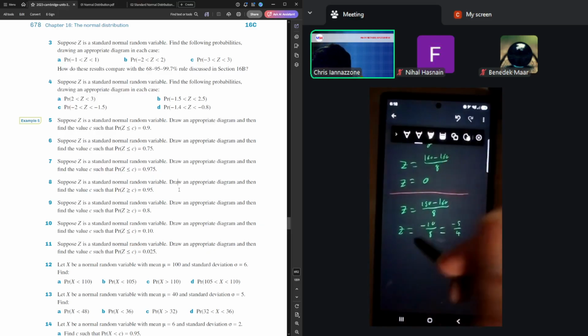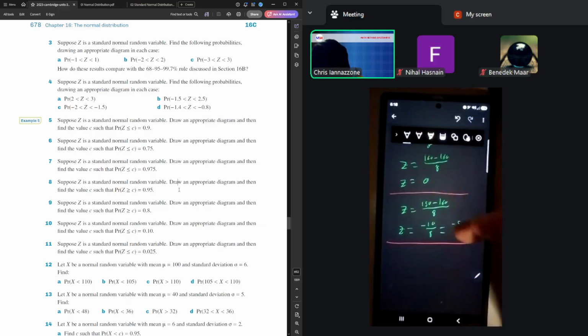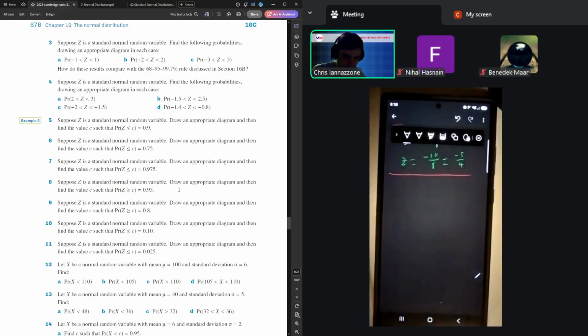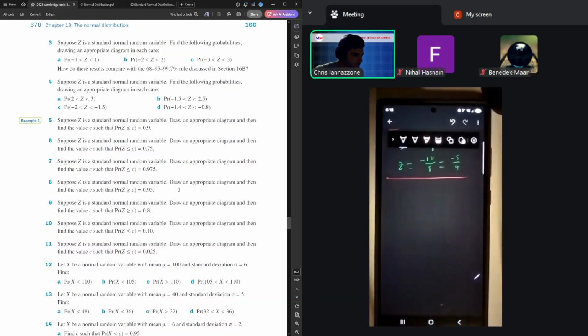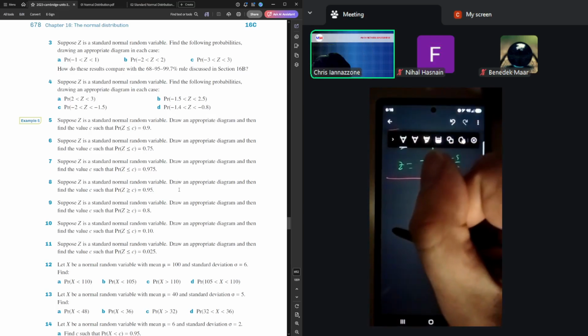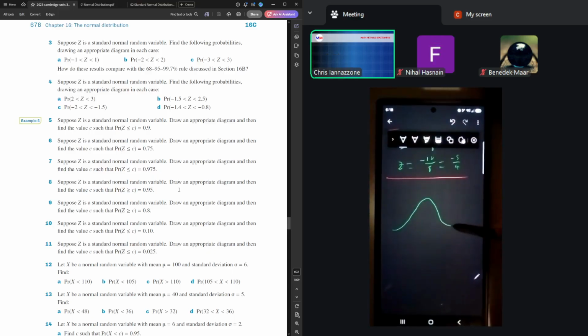So, still a good idea to draw a diagram anyway, just so we can be sure that our understanding is indeed matching the actual question itself. So, for Z less than or equal to C equals 0.9, if we draw out our standard normal distribution, 0.9 is going to be most of this distribution, so the tick that we're looking for should be quite far along.